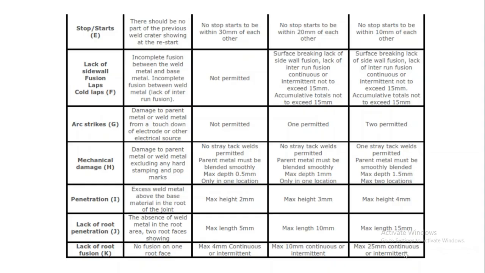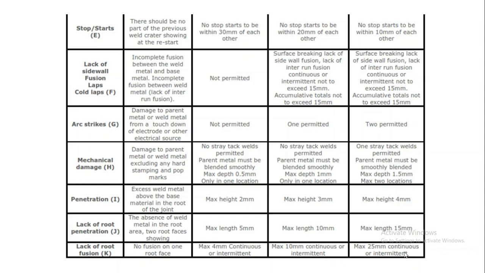And the stray tag weld also, you should exclude, you should omit, like stamping, hot stamping, any engraving marks, pop marks, you should omit, you should not consider as a mechanical damage. In group A, no stray tag weld is permitted. If you notice any tag weld, it's rejected. Always tag weld will be in the root, not on the face. Okay.